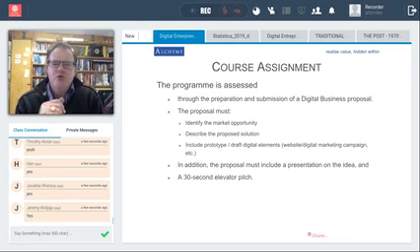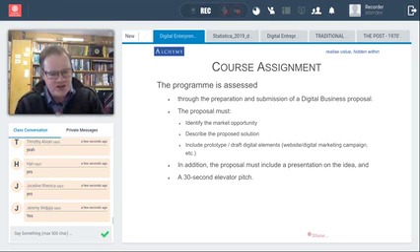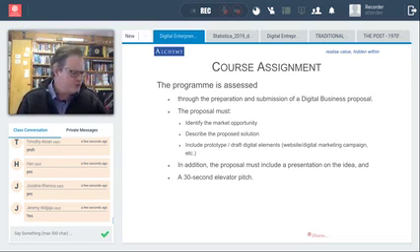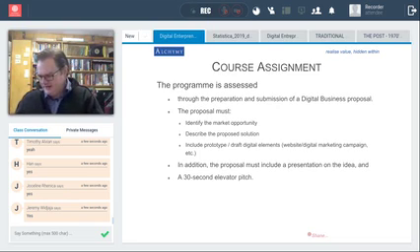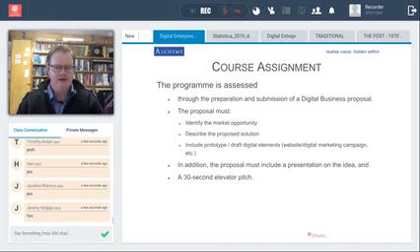With this, you need to identify a market opportunity, describe the solution, and potentially build some sort of prototype or draft digital elements, whether it's a website, a digital campaign or a mock-up of an app. In other words, with this proposal, you're going to progress some sort of business idea.